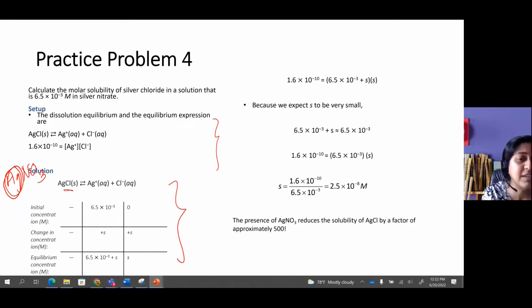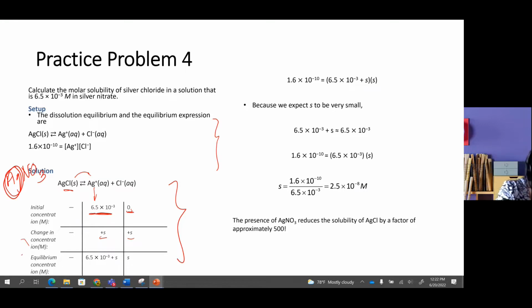For the initial concentration, this is the initial concentration of the silver plus ions, which was added from the silver nitrate. But the initial concentration of chloride ions is 0. Then the change: with the dissolution, it will add plus S and plus S. That's the amount added by the dissociation of silver chloride.